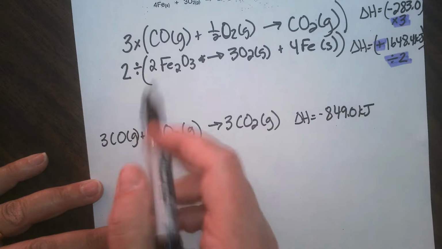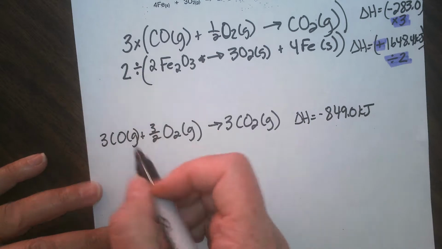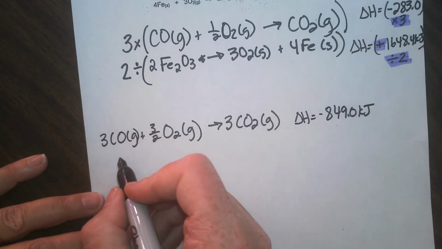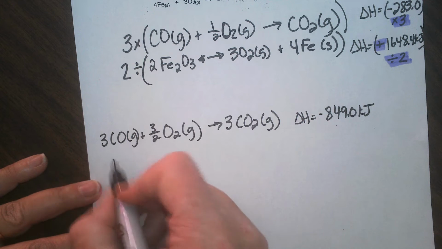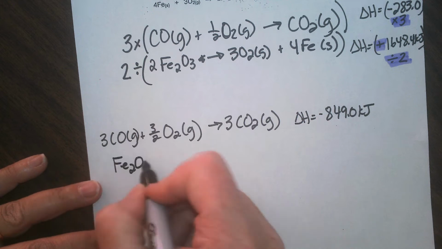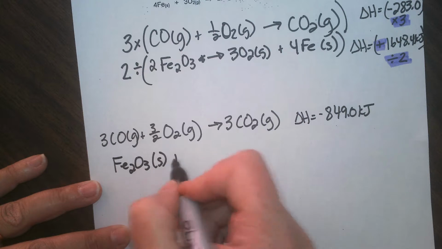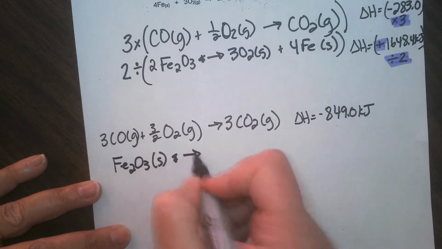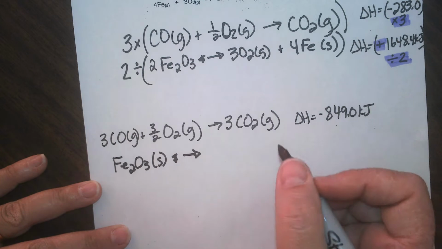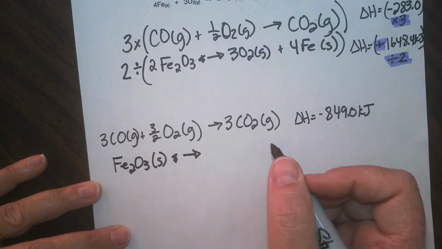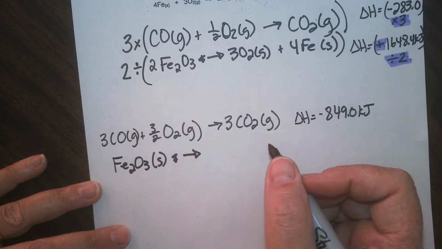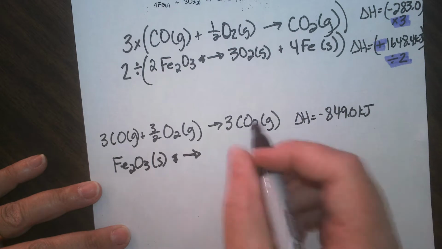This second sentence, what's 2 divided by 2? 1. So I'm just going to have Fe2O3. What's 3 divided by 2? 3 divided by 2?